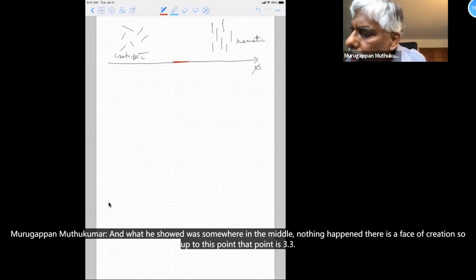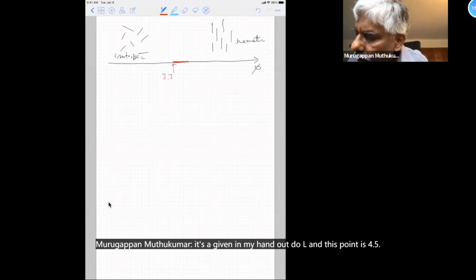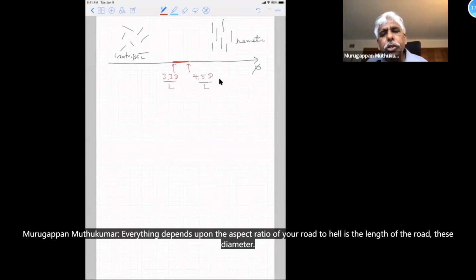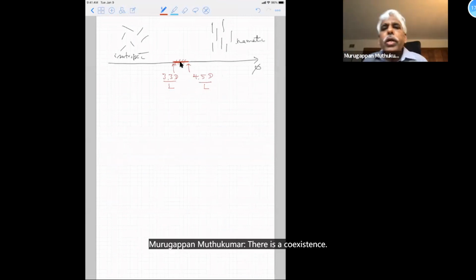So up to this point, that point is 3.3 d over L. It's given in my handout. And this point is 4.5 d over L. Everything depends upon the aspect ratio of your rod. L is the length of the rod, d is the diameter. So between these points, there is a coexistence.